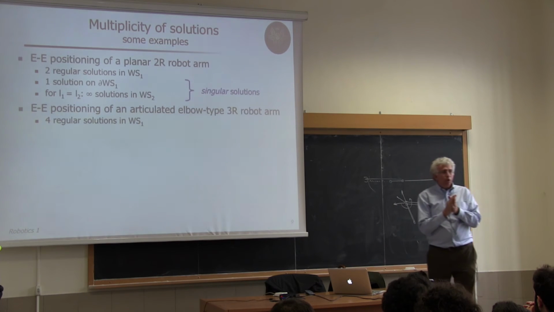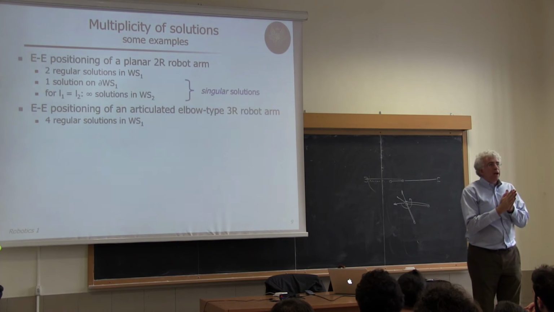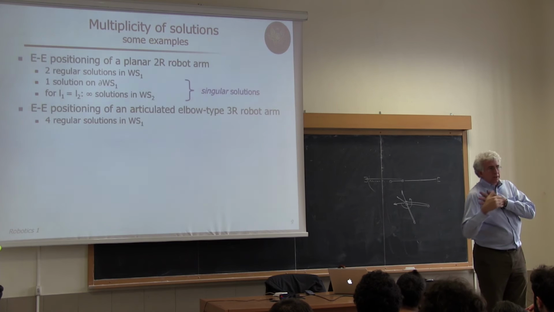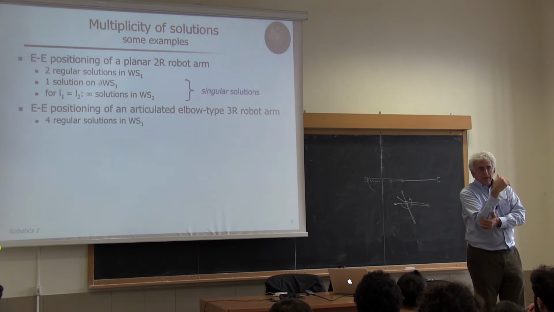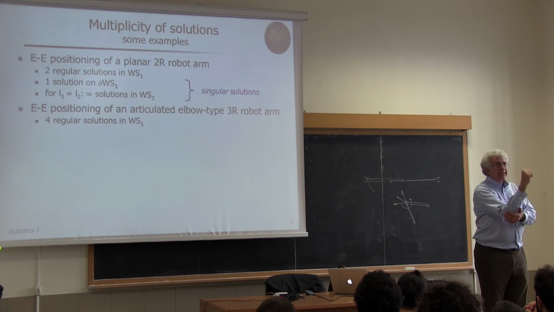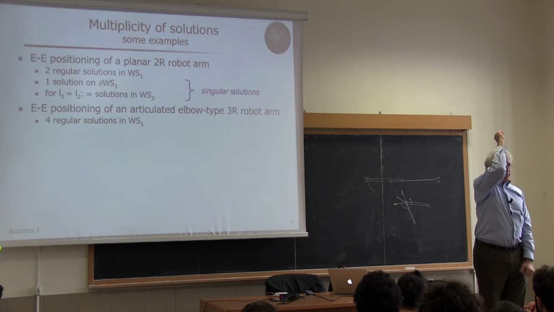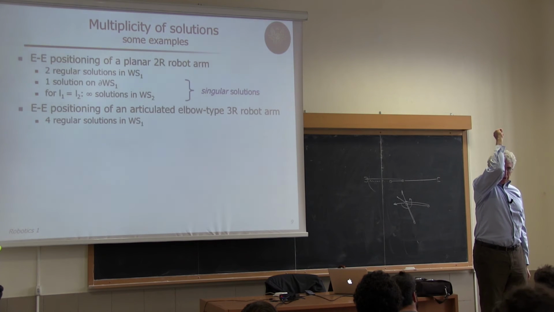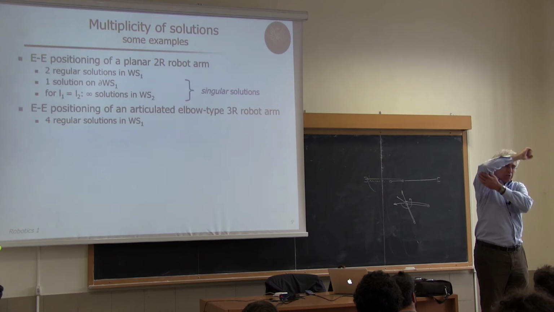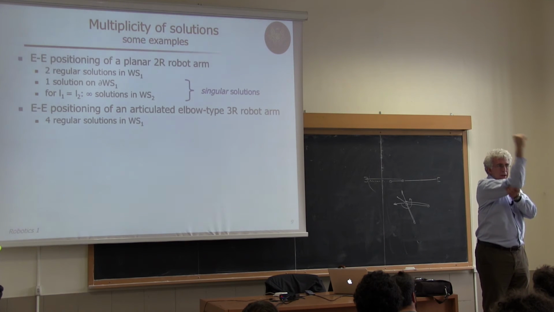Suppose that you have no offset of the shoulder or of the elbow, and the desired position is exactly on top of the first axis. How many solutions do you have? Oh, remember that I cannot go like this. This should remain in a plane.